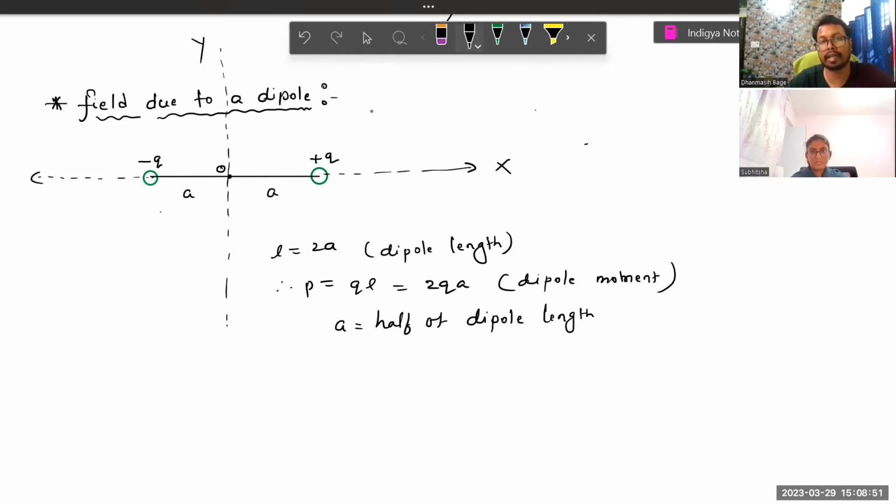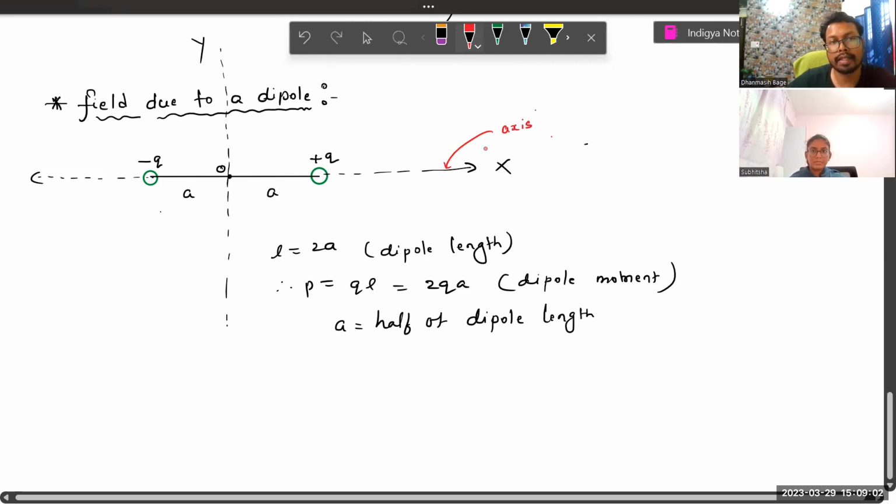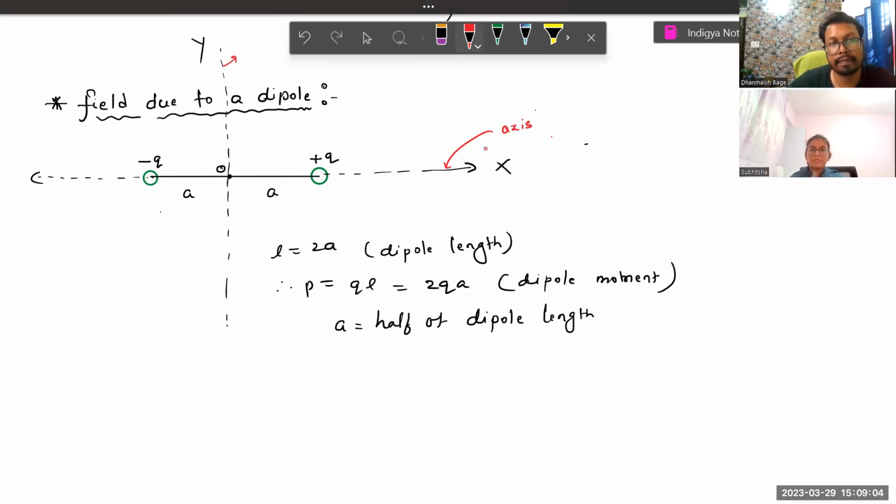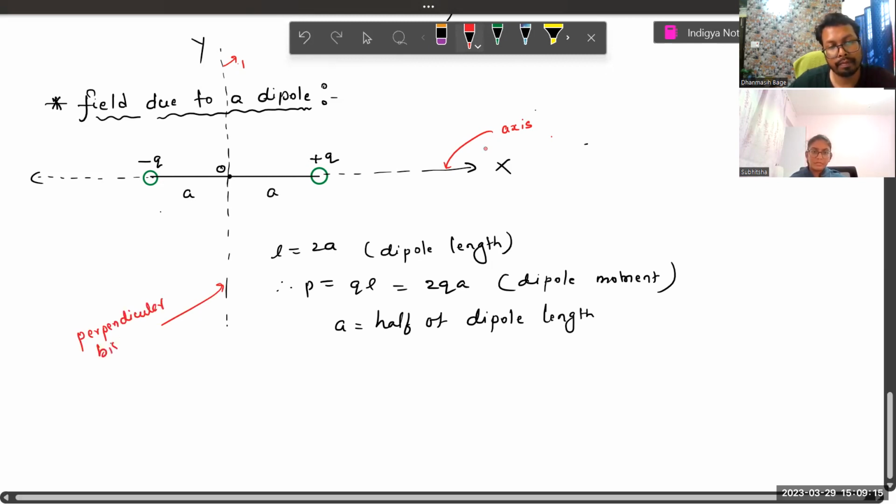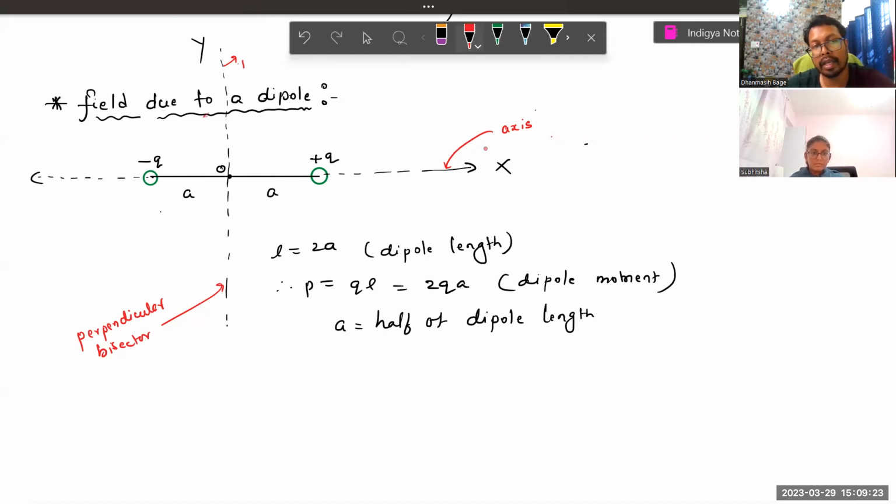There are two things we'll be calculating. This line is called the axis, and this is called the perpendicular bisector. But just imagine, instead of a perpendicular bisector, a plane perpendicular to this line.